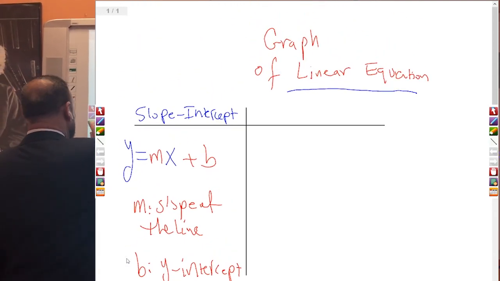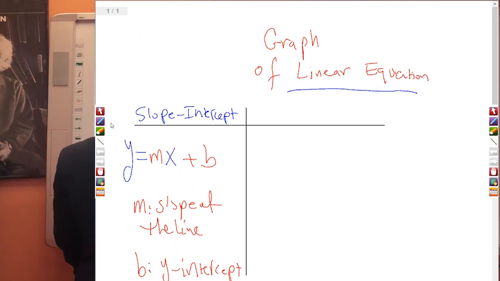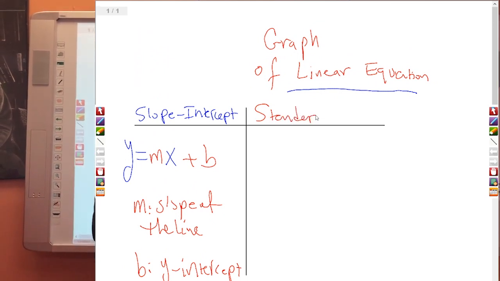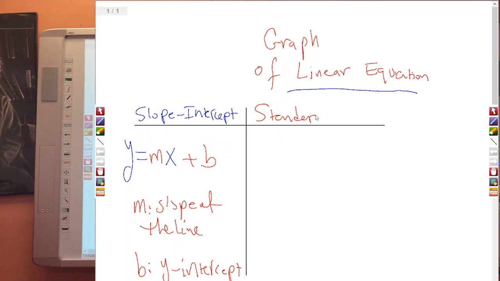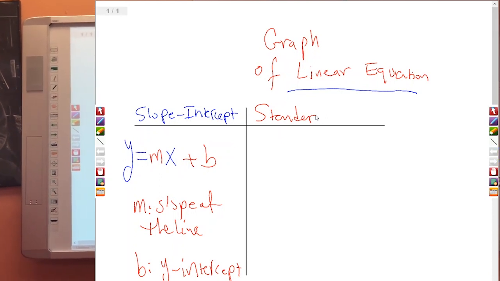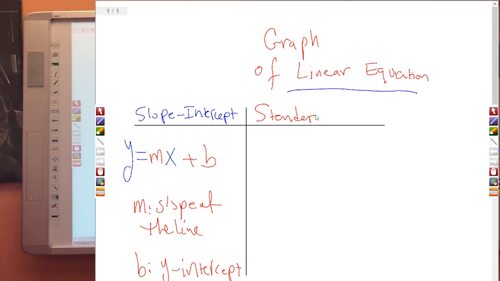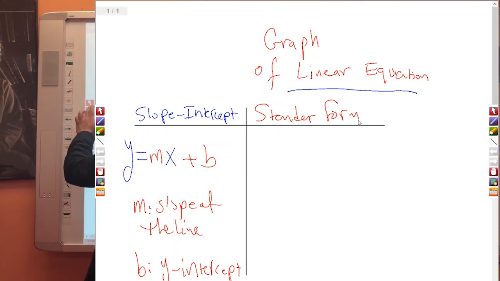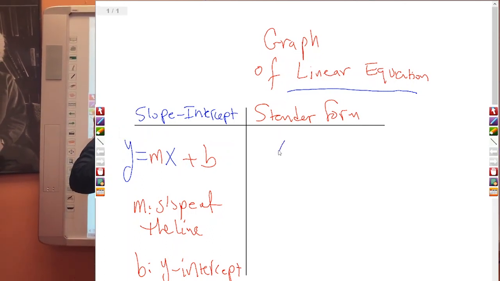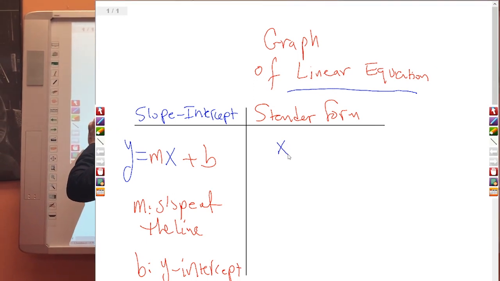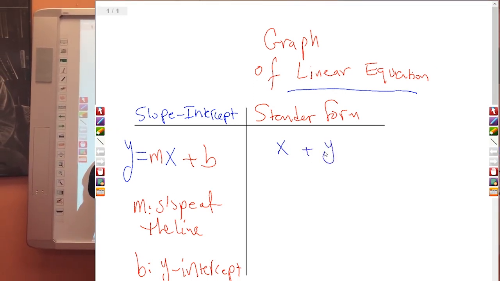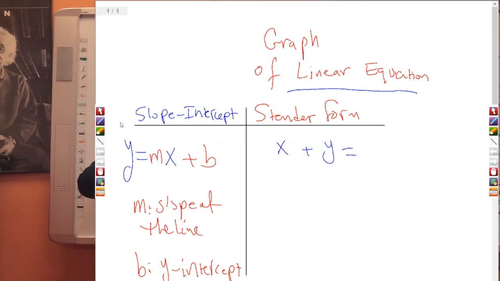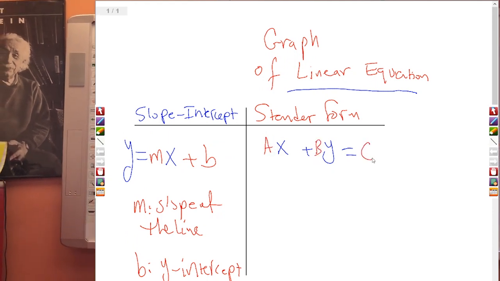The second form is the standard form. Ax plus by equals c.